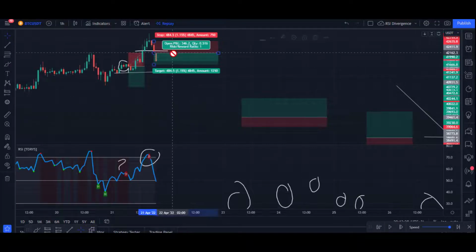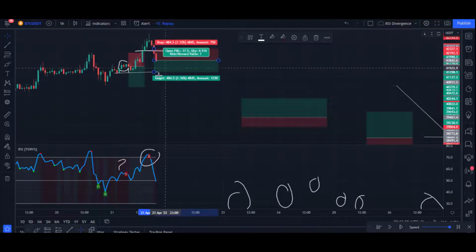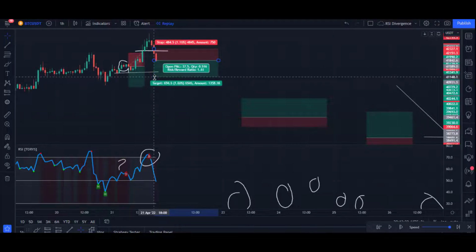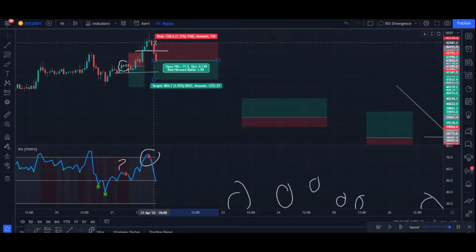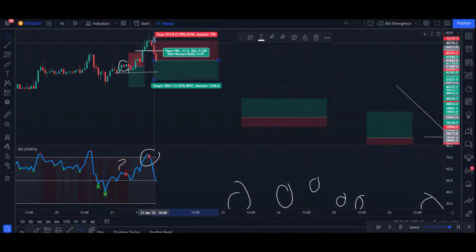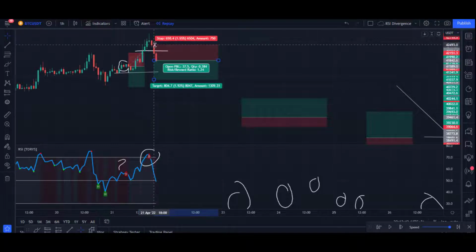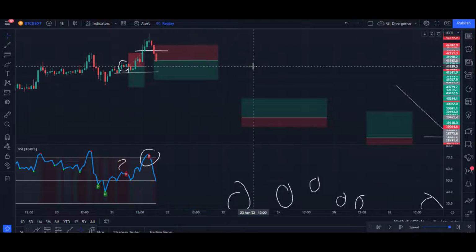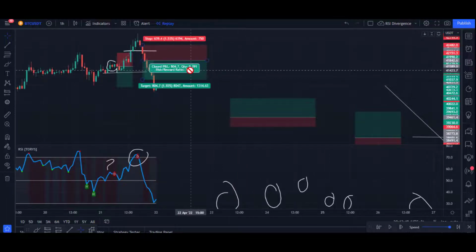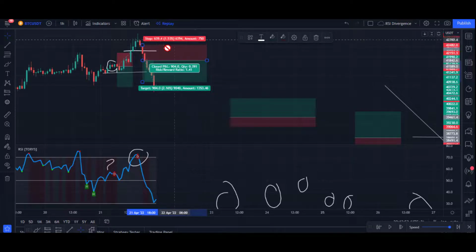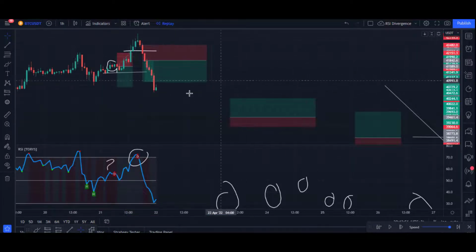Even if we take the trade from here, when this one is broken significantly, we have seen that. So this is a beautiful winning trade, as we already saw before the replay. So it's a must to use a trend line to eliminate any faulty signal.